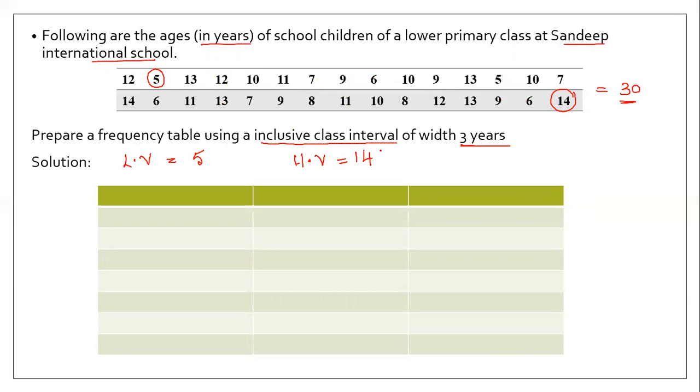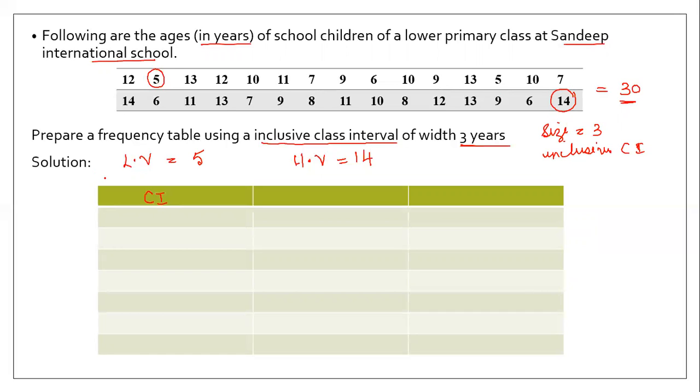Okay, so now they have asked us to write the class interval in inclusive class, and also the width of that class should be 3 years. Okay, size ಎಷ್ಟು ಇರಬೇಕು? So size 3 ಇರಬೇಕು. ಮತ್ತೆ ಯಾವ type of class? It is an inclusive type of class interval. Okay, so what we will do is we will write class interval.